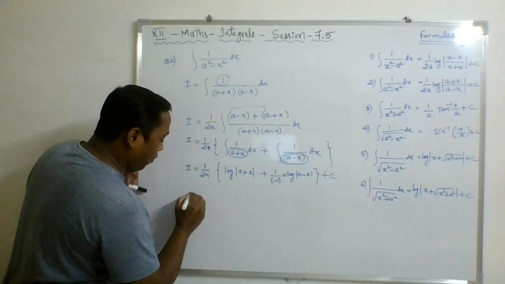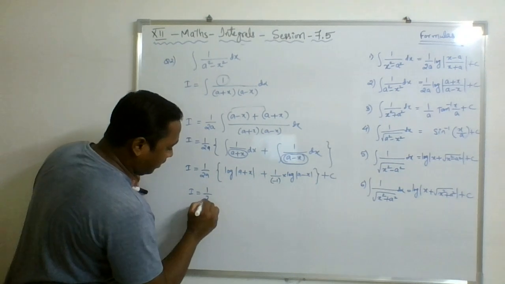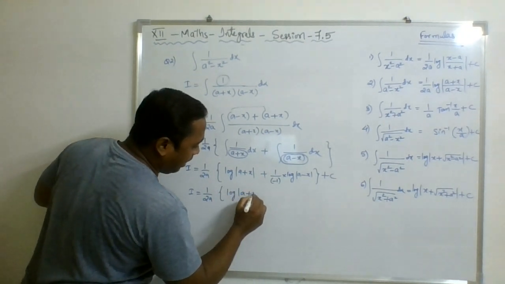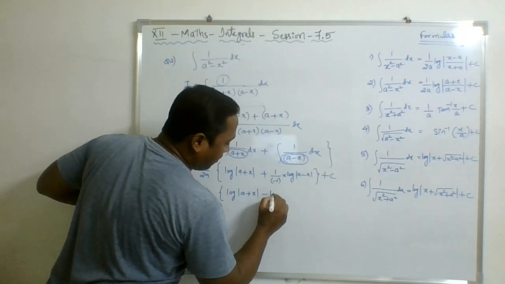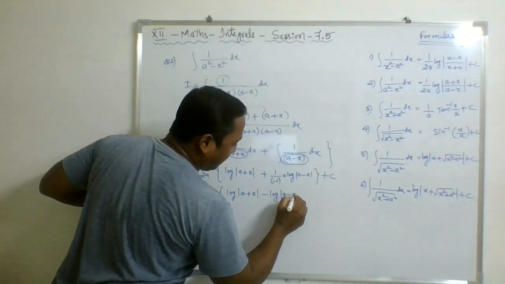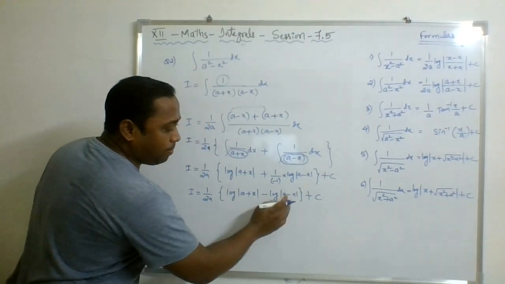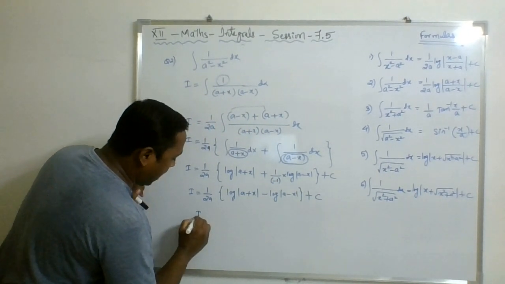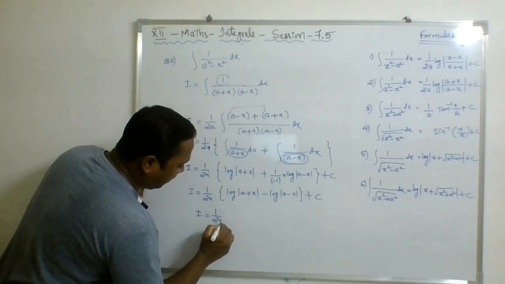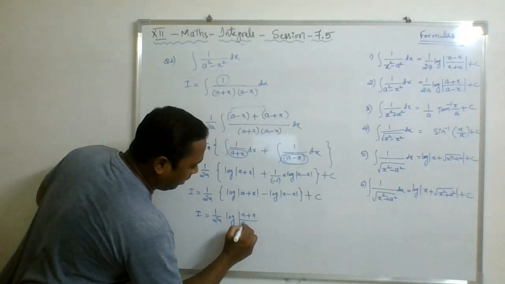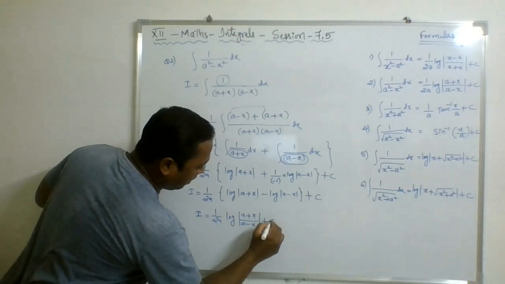Now you can see what is left finally. I is equal to 1 by 2a into log of a plus x minus log of a minus x plus c. Again the form of log m minus log n. The final answer would be 1 by 2a into log of a plus x by a minus x plus c.